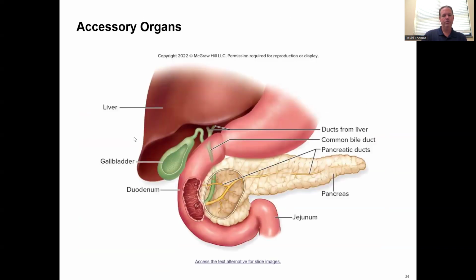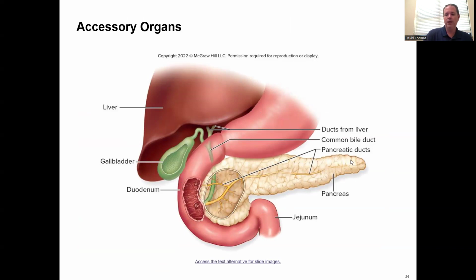Now, this is a big picture here, but let me show you. We're looking at the abdominal cavity. If you can imagine, the diaphragm would be up here. We've got the liver here. Up under that, we've got the gallbladder. And then on this side, we have the stomach coming down, and then the start of the small intestines, the duodenum, is here. And then we have the pancreas right in this curve.